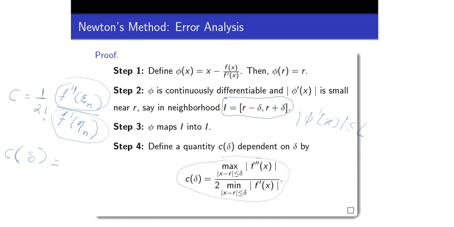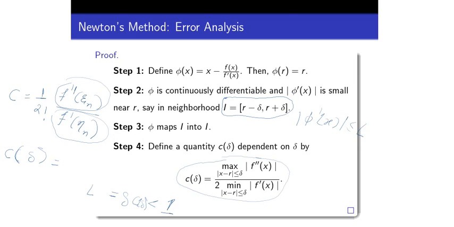Now see, delta is in your hand. So you can decrease delta, if necessary, such that delta times C of delta is less than 1, which you can call, let's say, L.